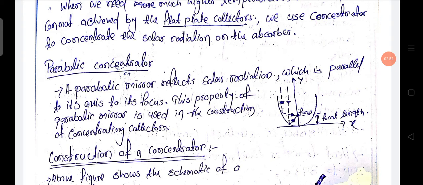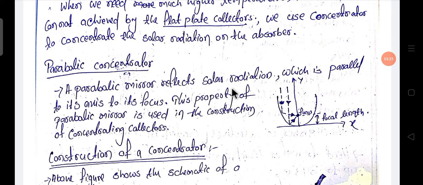That means we know from the characteristic of a parabolic mirror that it reflects the incoming radiation, which is parallel to the axis of that parabolic mirror, to the focus point.